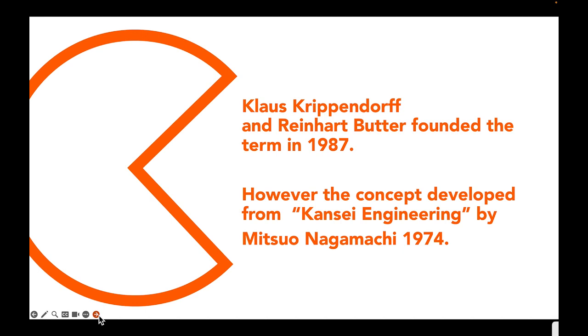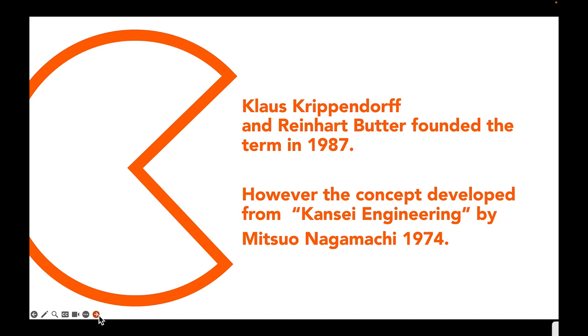However, we also see evidence of this term in design history and theory when we look at Kensei engineering. That's a concept that was developed by Mitsuo Nagamachi in 1974.